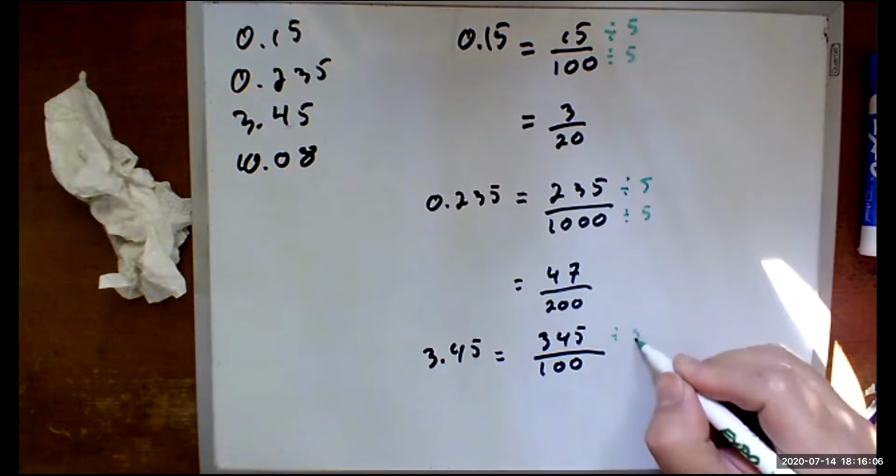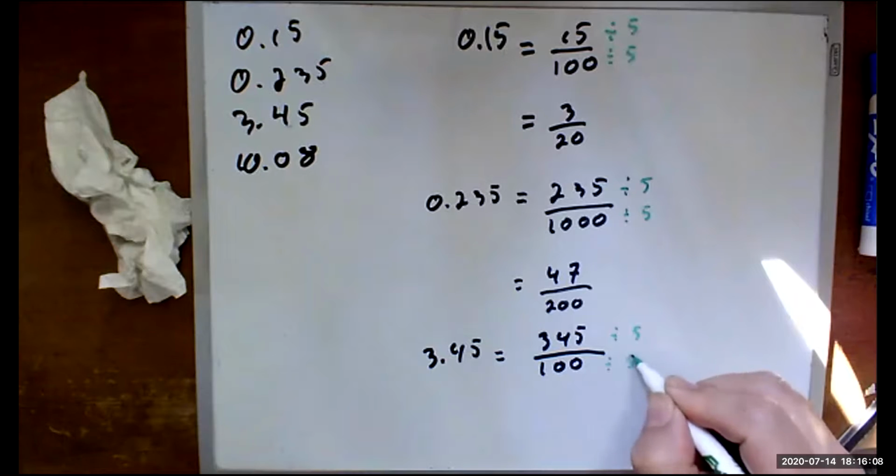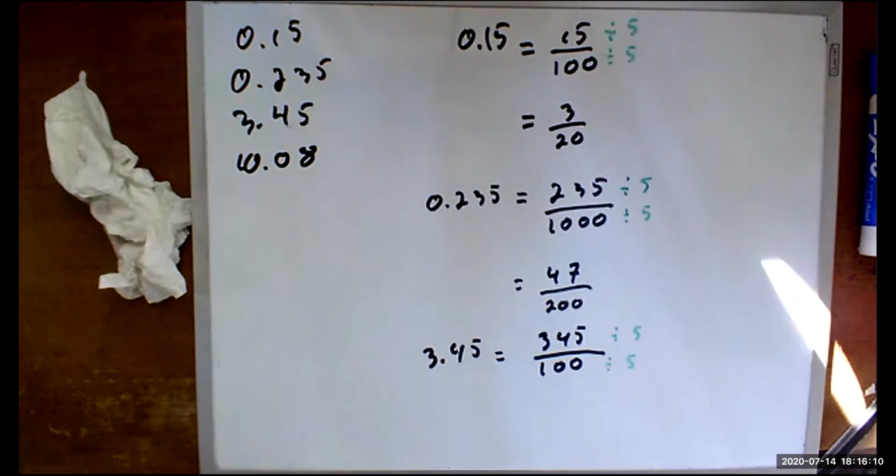Once again, we happen to be able to divide by 5, so I'm going to. And when I do that, I end up with 69 on top and 20 on the bottom. There is nothing that divides both 69 and 20 evenly, so I'm done there.